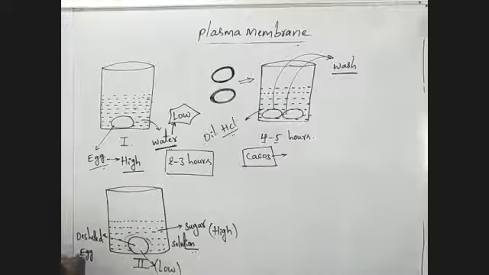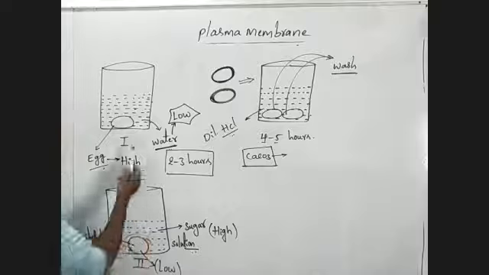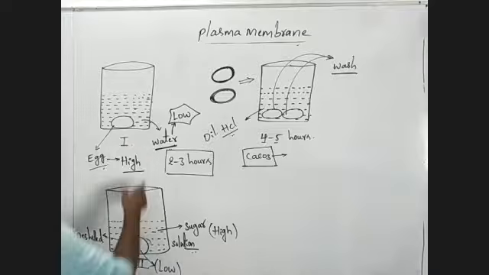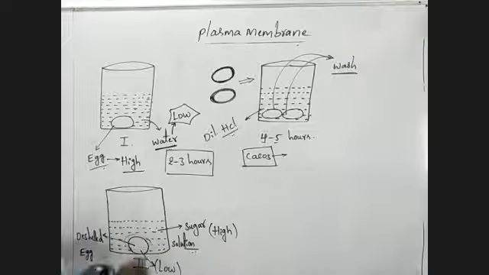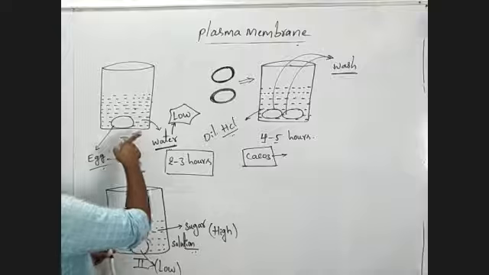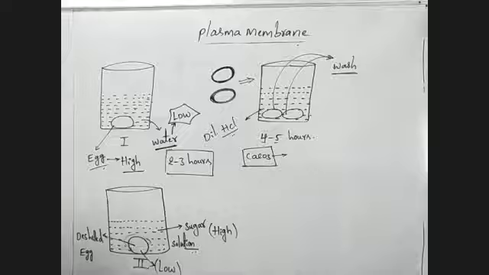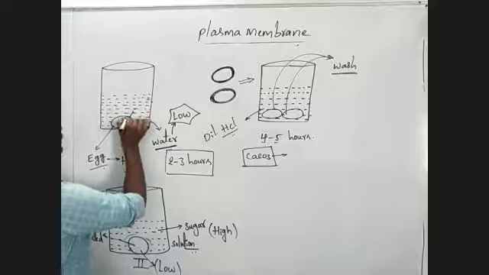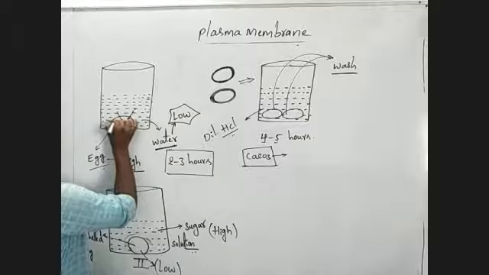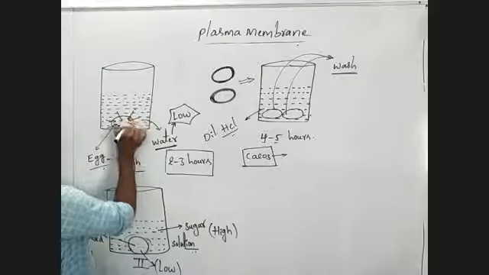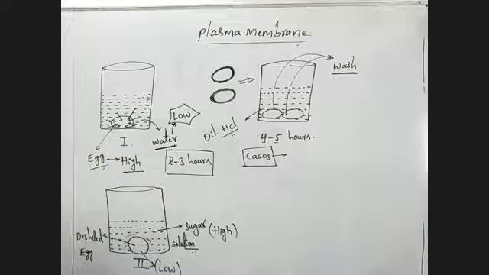Now what will happen? Across the concentration gradient, water molecules move from one concentration to another, actually from low concentration to high concentration. Water is transported into the cells of the egg because of the concentration gradient.